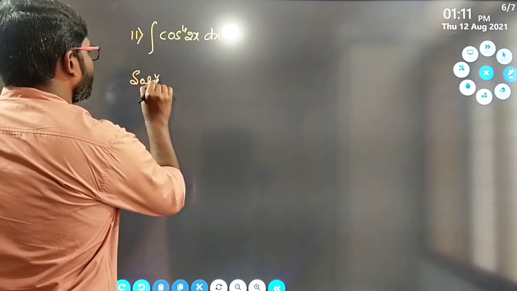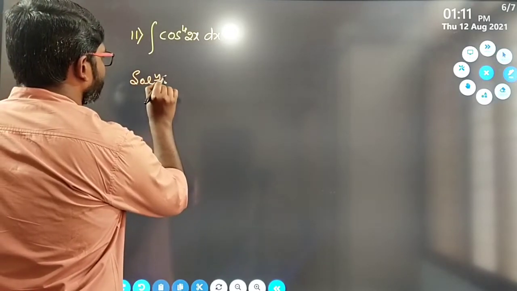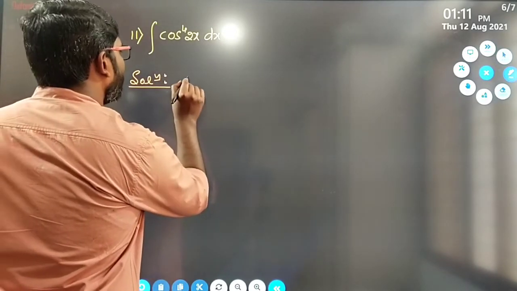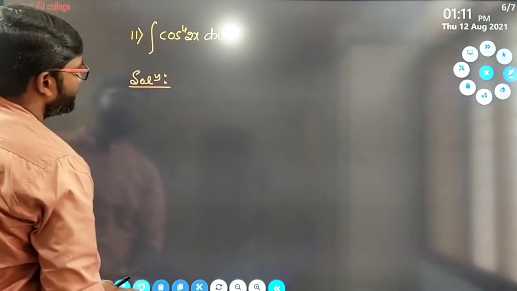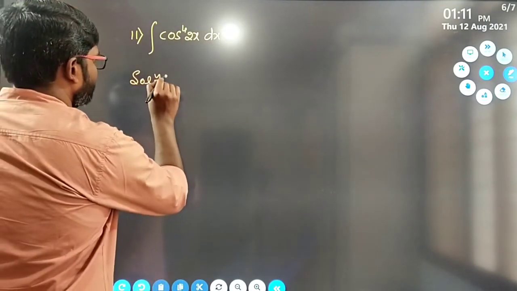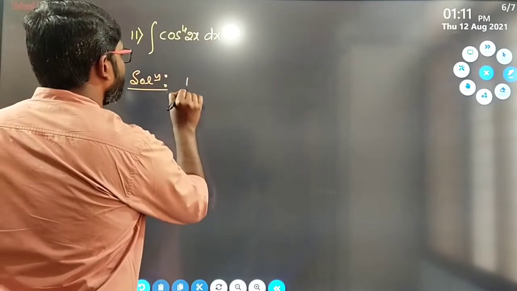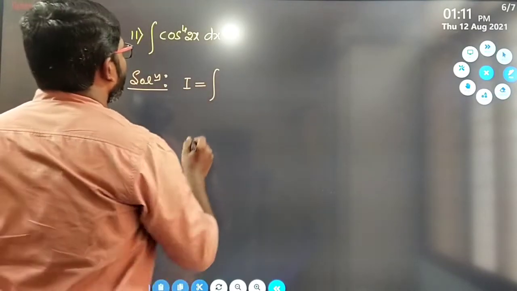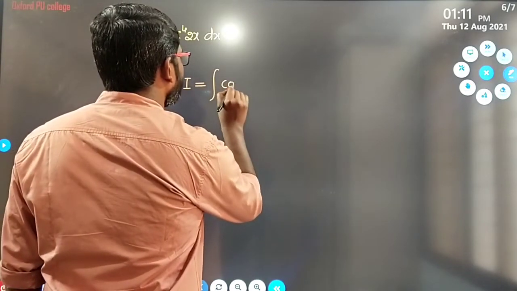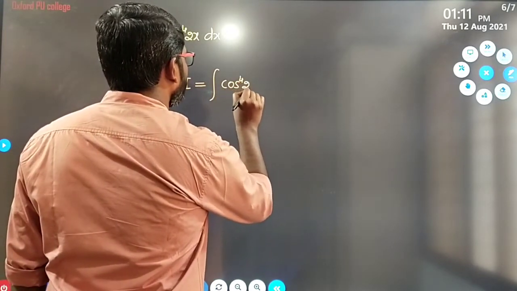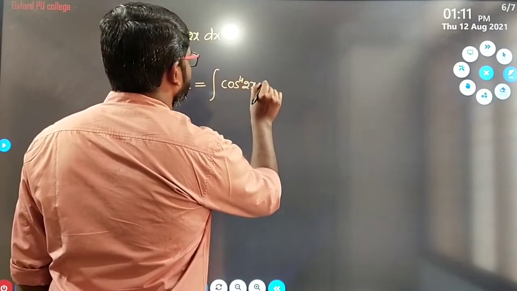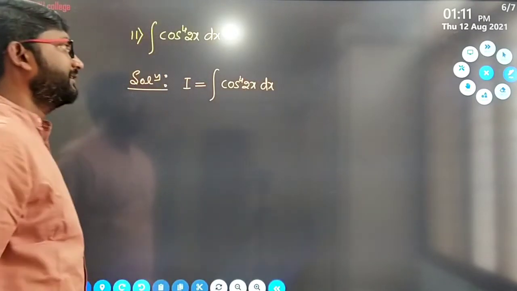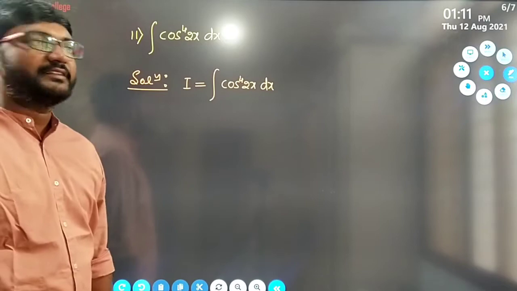I, which is equal to integral cos raised to 4, 2x dx.